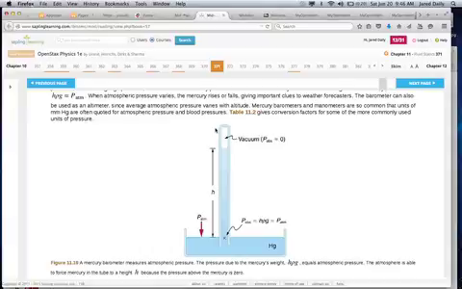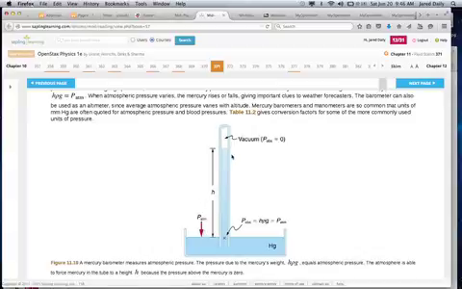It's got enough force pulling down on the mercury that it actually has enough energy to create a vacuum up here. And so the pressure up there is zero. It is absolute zero. It's not a perfect zero because you're going to get a little bit of mercury gas up in here above the liquid, but it's going to be so small that it's essentially zero.